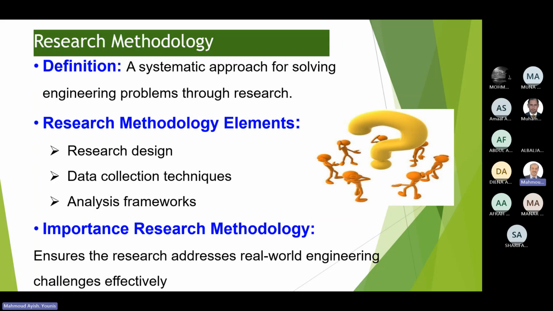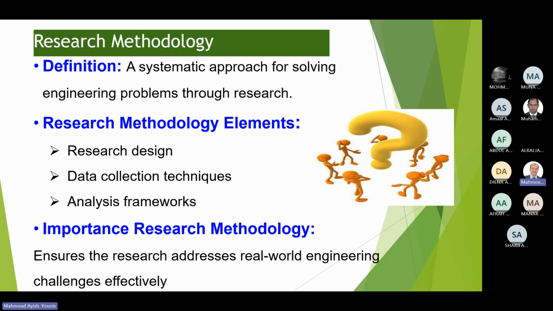In terms of definition, this is not the definition for research. This is the definition for research methodology. It's a systematic approach for solving engineering problems through research. So we have the problem. We need to look for the right approach to solve the problem. That's what we mean by research methodology.